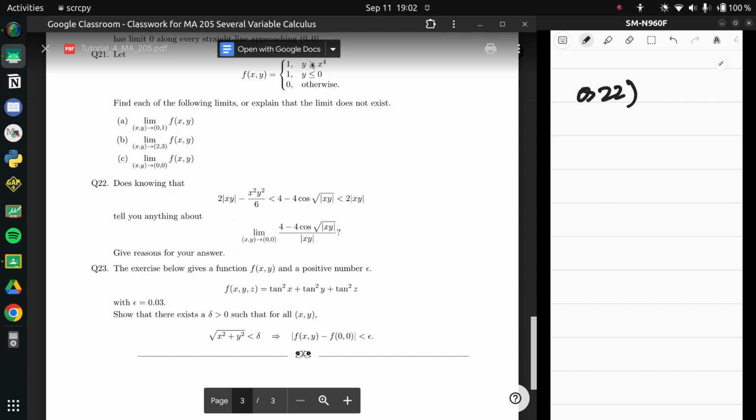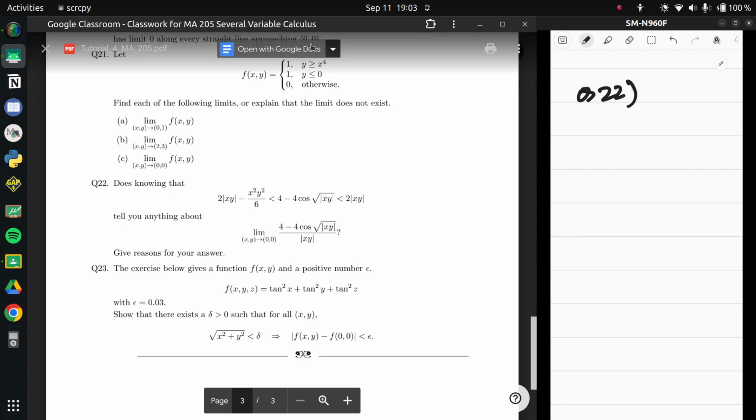Question 22. Does knowing that 2 measure of x, y, left minus, okay, whatever this thing is, tell you anything about this? Give reasons for an answer. X y minus x squared y squared upon 6.